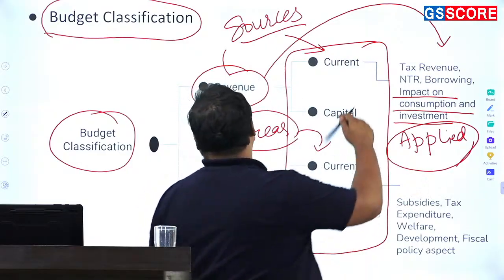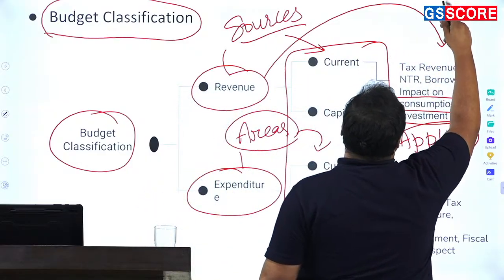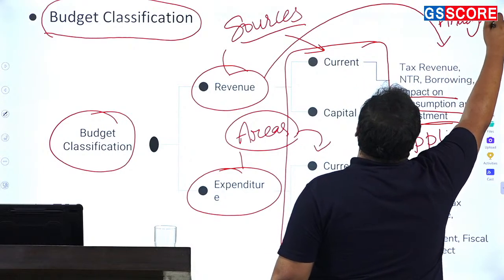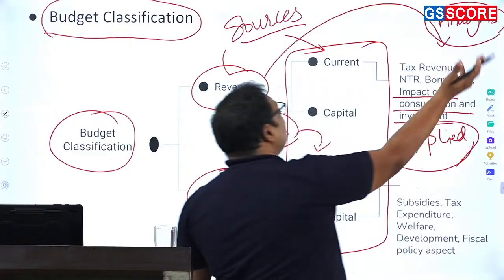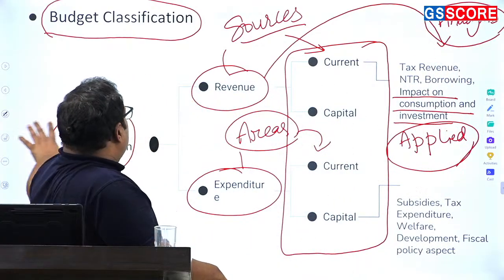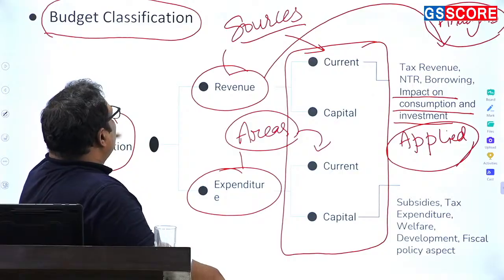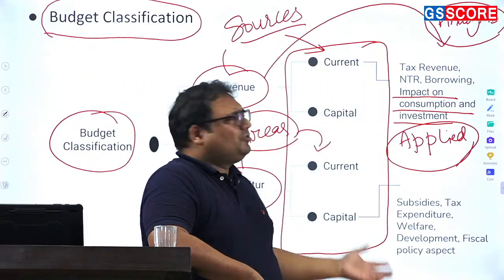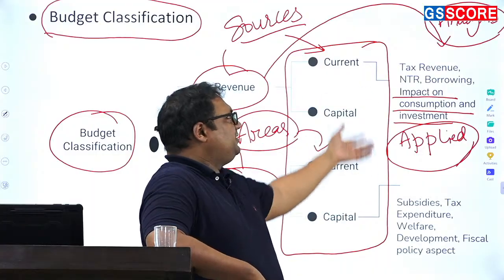This is more of your budget analysis, which is highly analytical. In fact, you can also divide it into two themes. This static part as budgetary classification you can study separately, and budget analysis you can study separately, but I would say you should look at it in a single way.